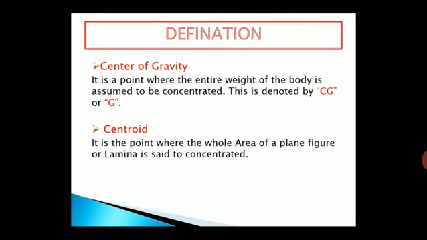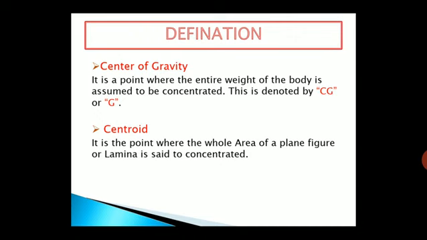Further, if we have a laminar figure which doesn't have a mass but has an area, the term center of gravity is termed as centroid in that case. So we define centroid as the point where the whole area of a plane figure or a lamina is said to be concentrated.